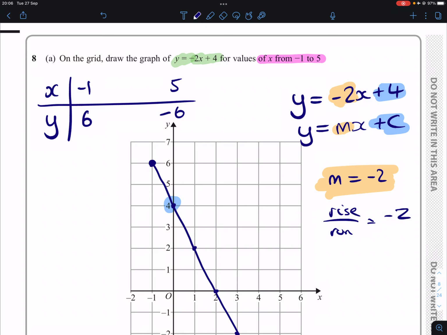And minus 2 is the same as minus 2 divided by 1. If you have a gradient that's not a fraction, you can always turn it into a fraction by writing it over 1. So, starting from the point where we cross the y-axis, this minus 2 over 1 means that we go down 2 for every 1 that we go along.